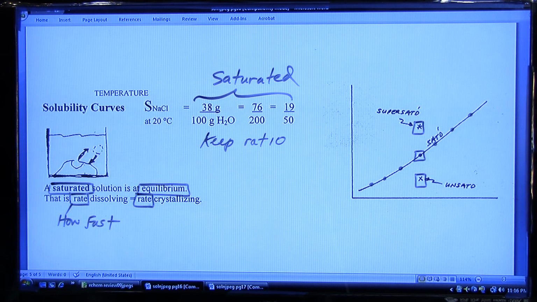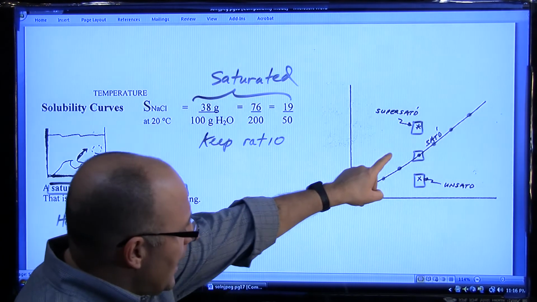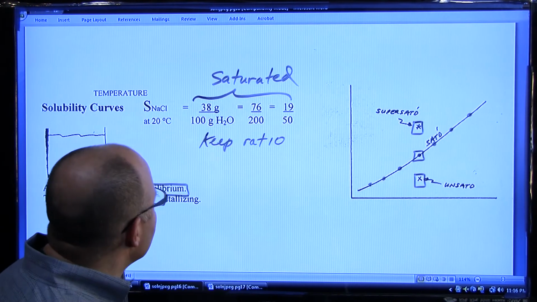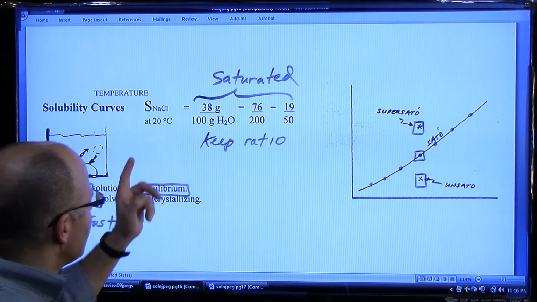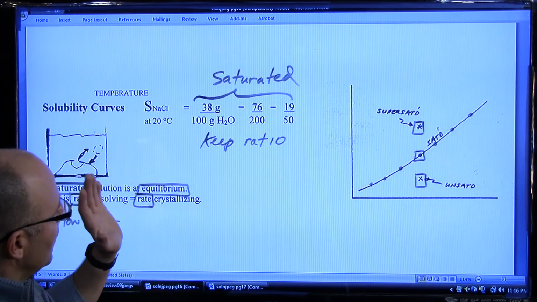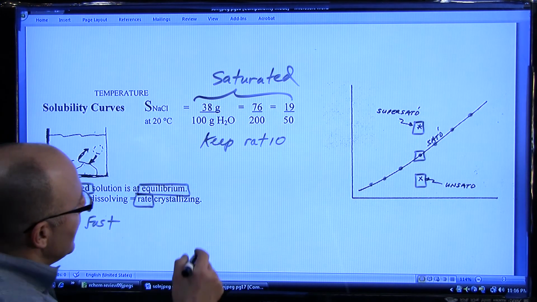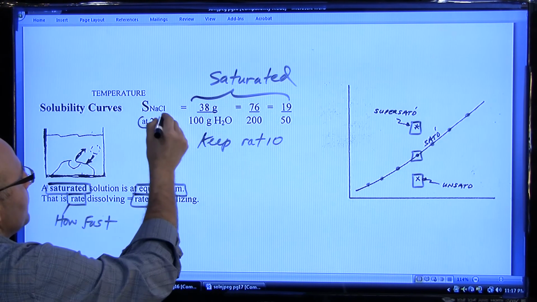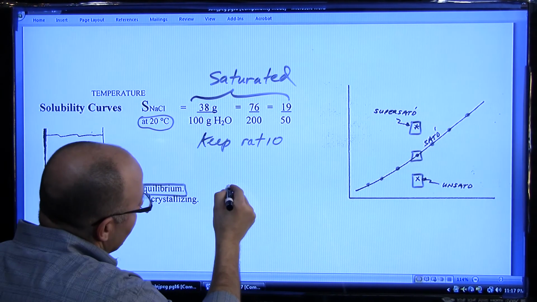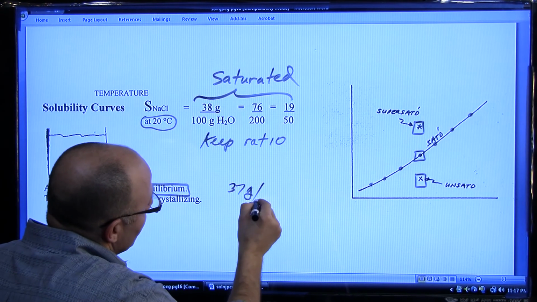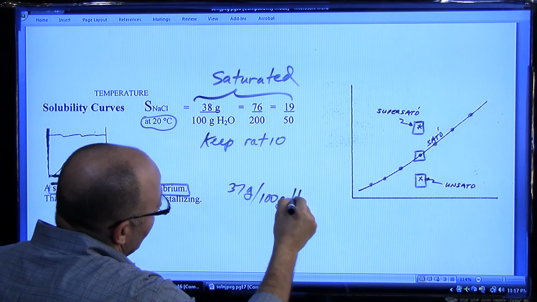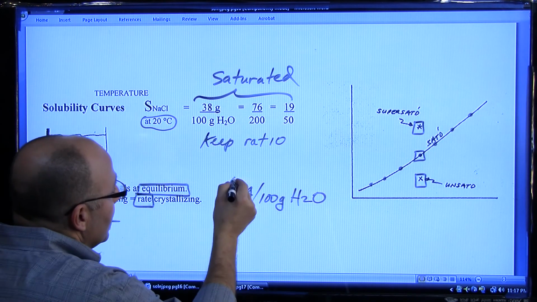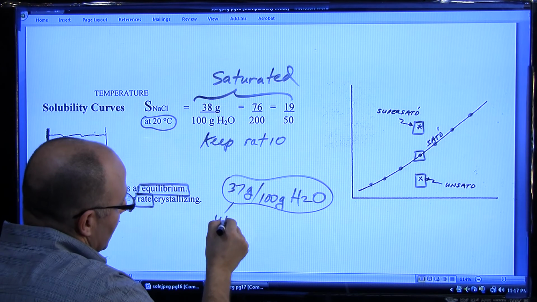Now we'll do some problems with solubility curves in a minute, but once again, this unsaturated versus saturated versus supersaturated is a little confusing. So let's go with respect to NaCl. Let me give you some examples. If 38 grams is saturated at that temperature of 20 degrees Celsius, then if you had less than that, if you had 37 grams per 100 grams of water, that would be an unsaturated solution.